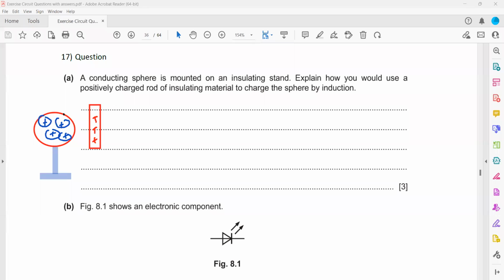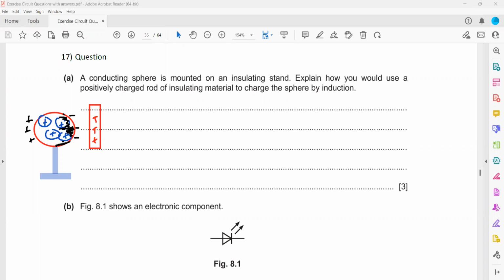So most of the electrons, though there will be some electrons on the other side, are shifted towards one side. So it creates a distribution of the charges: one side appears negative, another side appears positive.